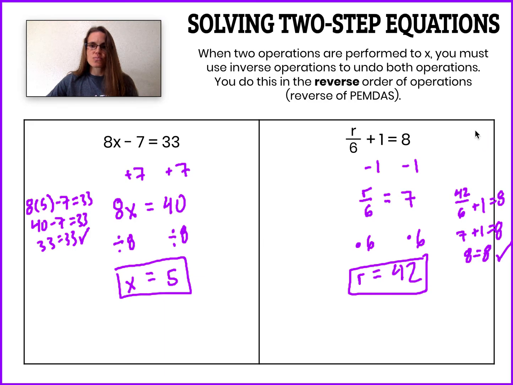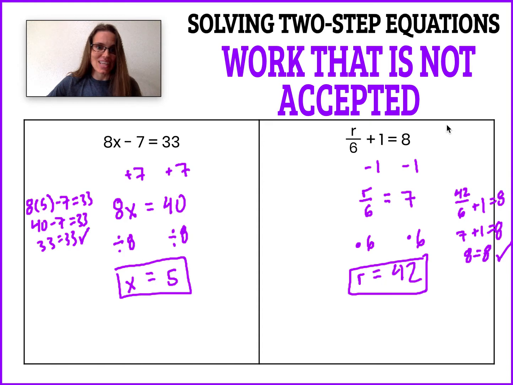Now I want to briefly review work that is not accepted. There's a trick that is sometimes taught to students that you can move a term to the other side of the equal sign just by changing it from positive to negative or negative to positive.